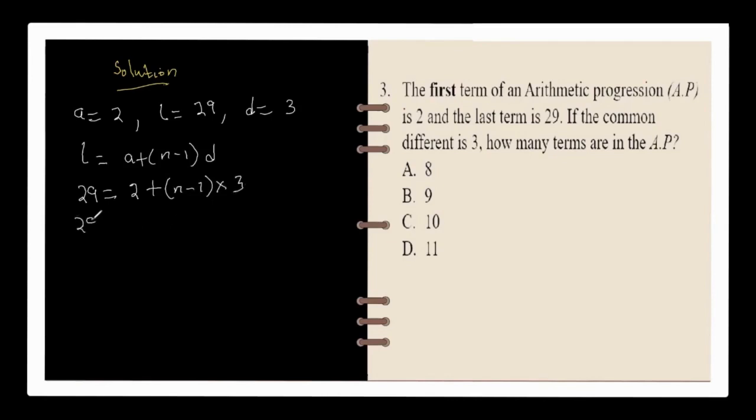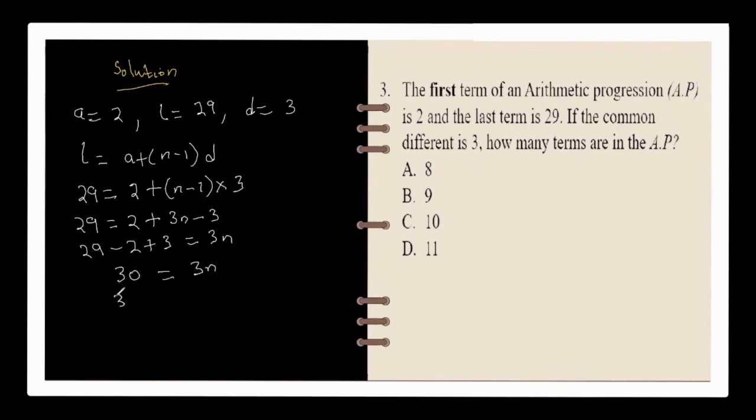So here we have 29 equals 2 plus, use 3 to open this bracket, that's 3n minus 3. So we have 29, let's collect all the like terms, minus 2 plus 3 equals 3n. So here, what we have is 30 this side. And what do we have here? 3n.